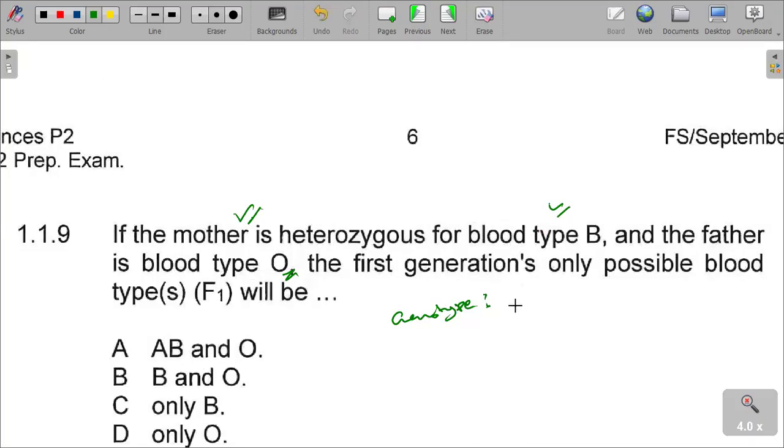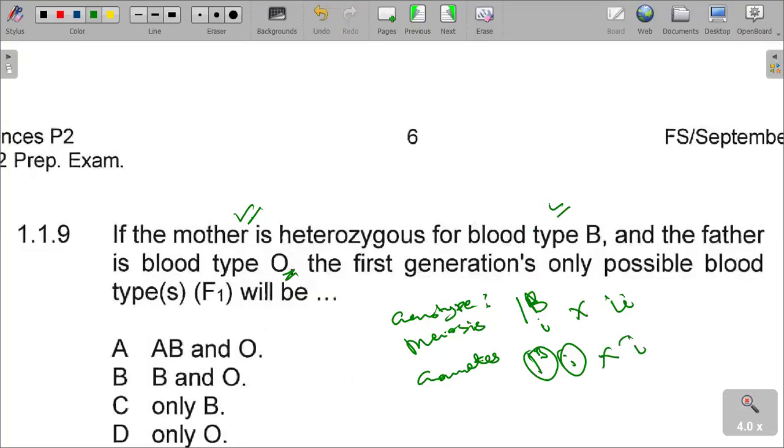We are having a mother who is heterozygous B, married to a father who is O. So in this case, in our meiosis and the gametes that will form, we are going to have a gamete of B and a gamete of O, which is going to be crossed with a gamete of O.